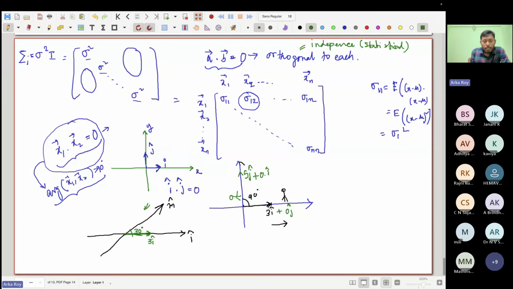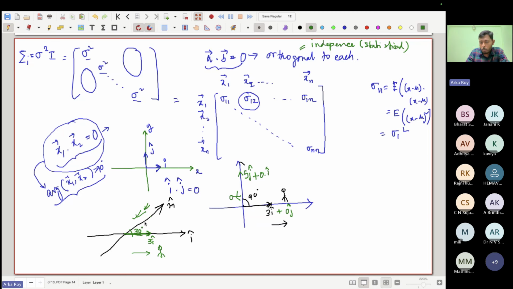I was telling that now, instead of having a 90-degree difference between the two axes, you have a difference of 30 degrees. And let's say you are moving along this particular axis to 3 units. So therefore you went to 3 i cap. Now if you have moved to 3 i cap, will there be any effect in this axis number 2?